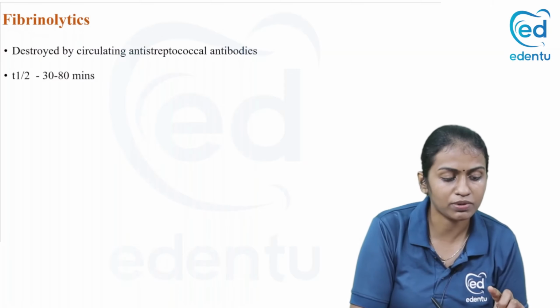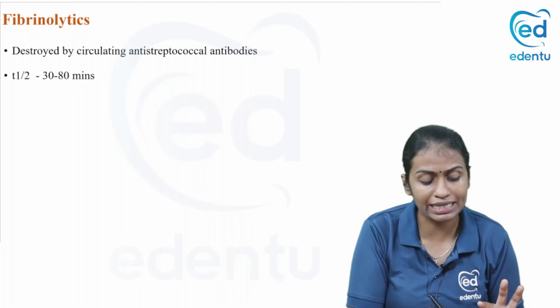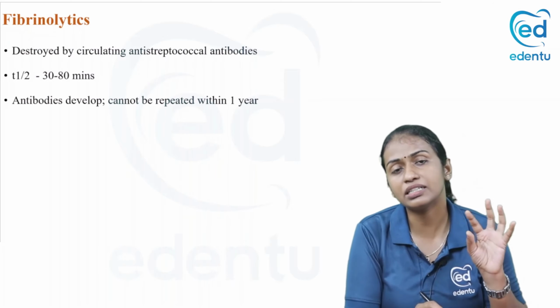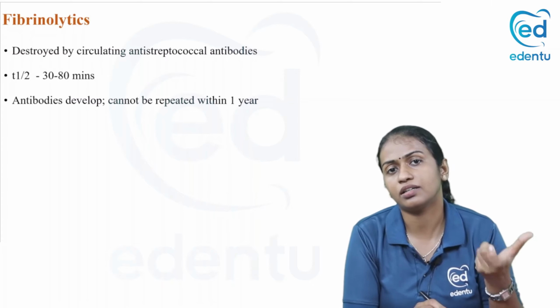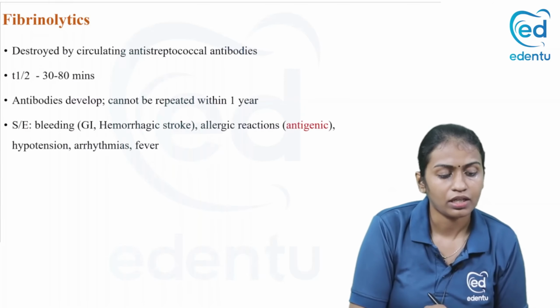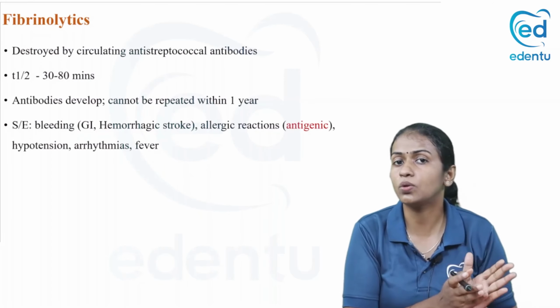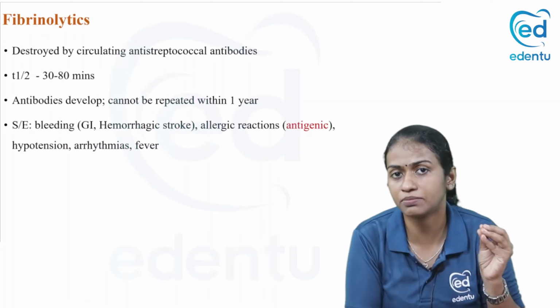That is another problem of giving streptokinase. The half-life is around 30 to 80 minutes, and since the antibodies develop, we cannot re-inject this agent within 1 year. Okay. Now, main side effects, as I told, it is fibrin non-specific. It binds to both fibrin-bound plasminogen as well as circulating plasminogen.